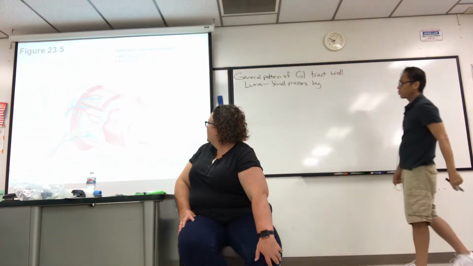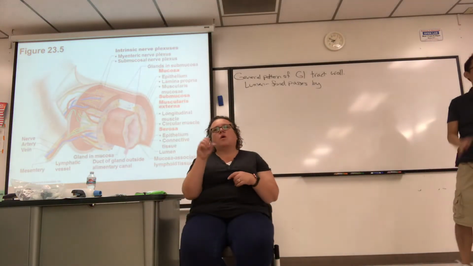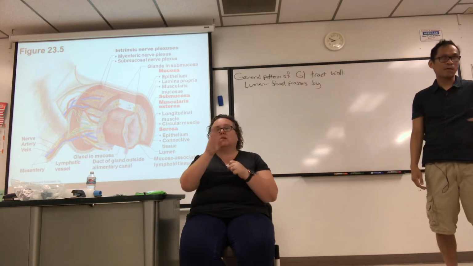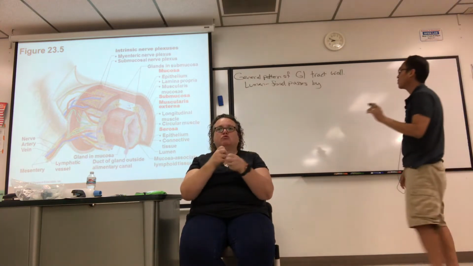I forgot to define one word on the previous slide, peristalsis. Food can pass in one direction because of rhythmic contractions of the muscle layer, called peristalsis.